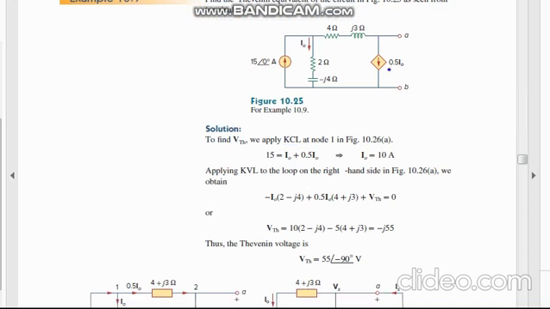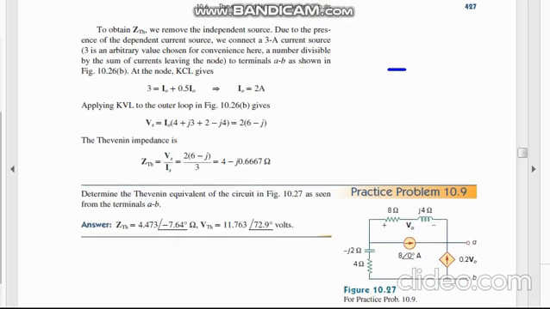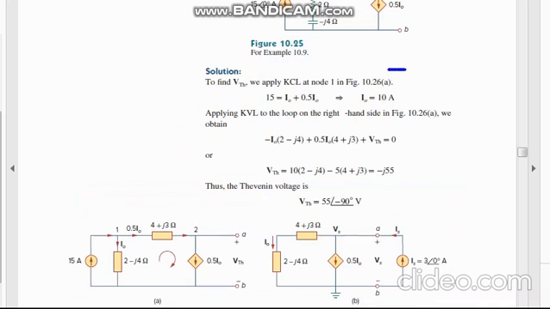When you see this kind of dependent current source, you have to first add an independent current source across it. While you are removing these current sources, you have to apply these sources here, and always add these sources, not just open up these sources.